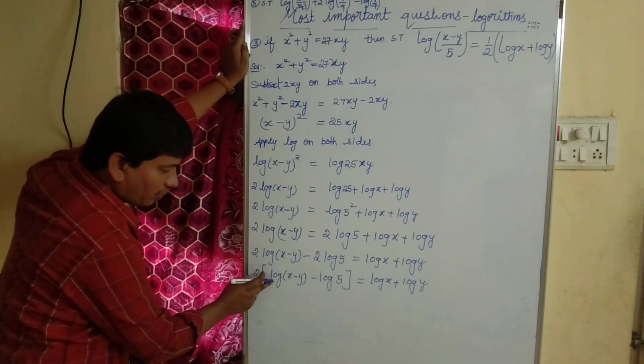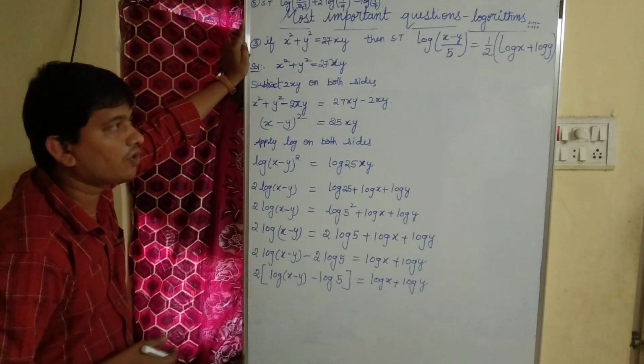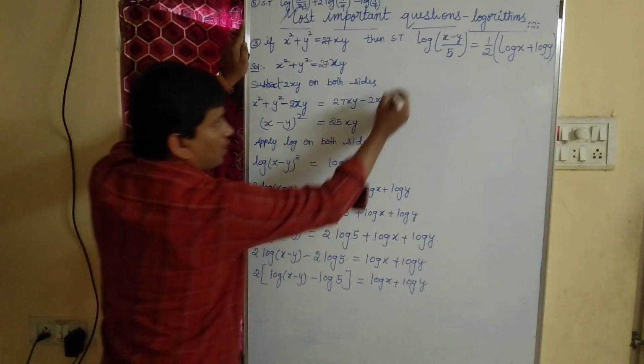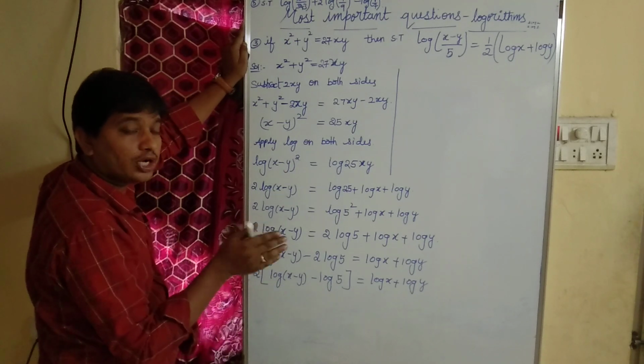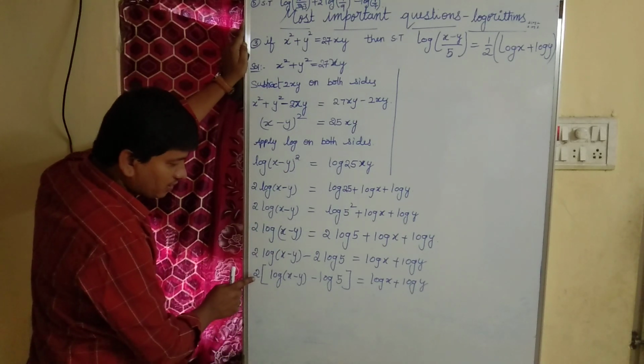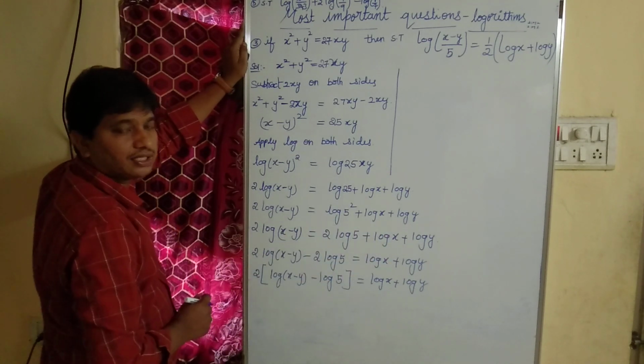So now this is in the form of log a minus log b. What is the formula of log a minus log b? Log a minus log b I can write as log of a by b. As 2 is multiplying here, let us transpose. It becomes division, right?